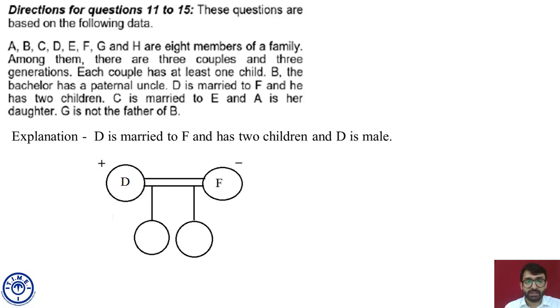Now, as mentioned in the very first statement, B the bachelor has a paternal uncle. That means in the 3 generations, D and F have to be the grandparents, because in the second generation there is going to be a situation of siblings, because B, the bachelor, has a paternal uncle.